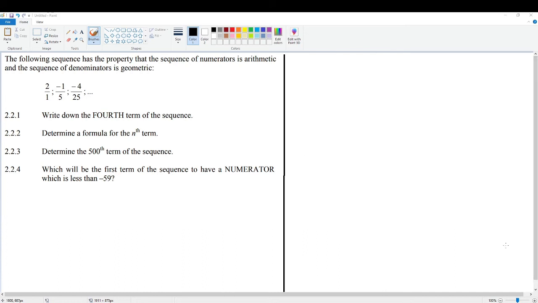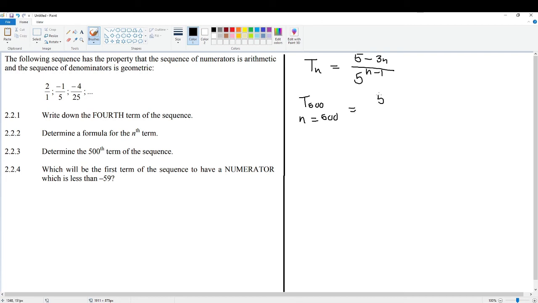The third part of the question, we're supposed to determine the 500th term of the sequence. We already know that the general formula that we got in part 2 is 5 minus 3n divided by 5 to the power of n minus 1. So we need to find T500. In other words, it means n is equal to 500.